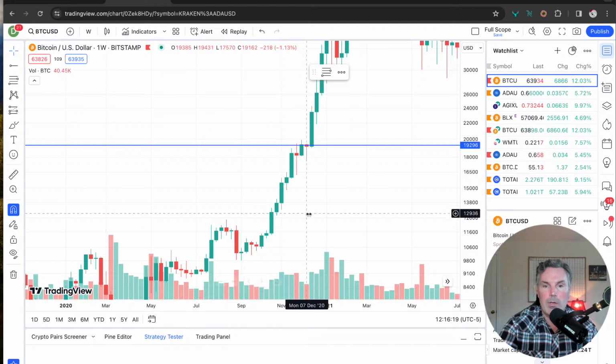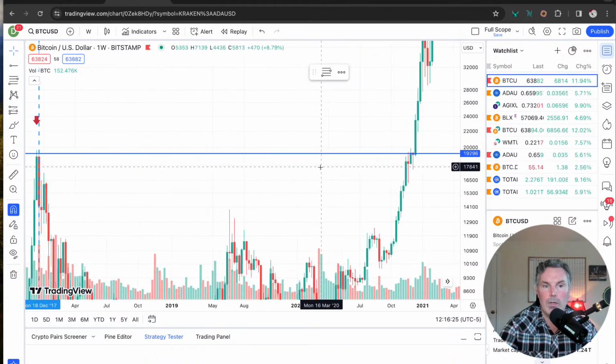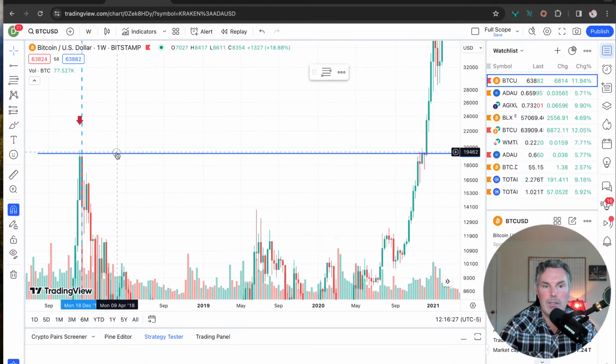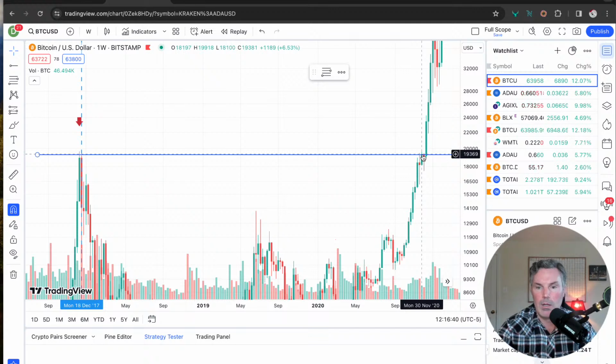Okay, so November, this was when it started. I just threw this line up here, but when it tested, it had a tiny bit of resistance, and these are weekly charts. So it came up here and touched it during this week of November 30th of 2020, and then it had a week of resistance.